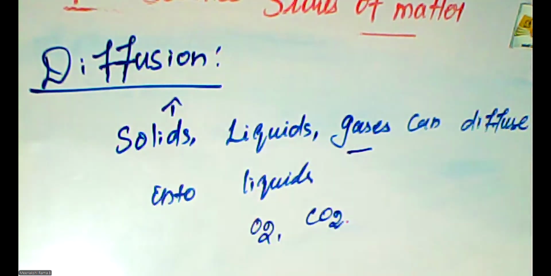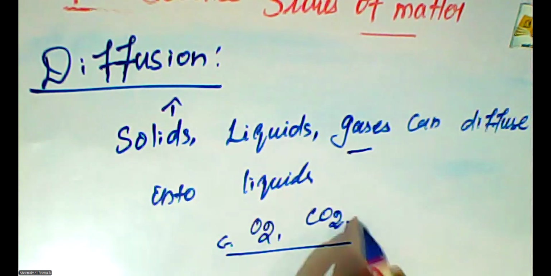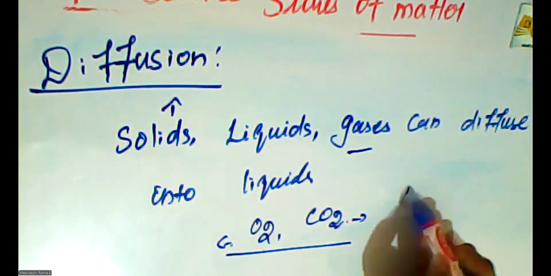These two gases are essential for our survival, because when we want to survive on this earth, we need oxygen for humans and carbon dioxide for plants.